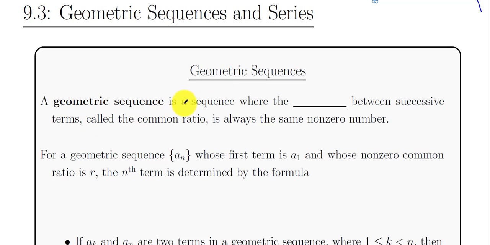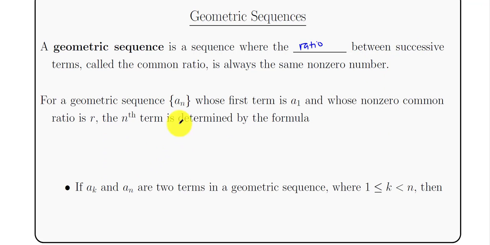A geometric sequence is a sequence where the ratio between the successive terms, called the common ratio, is always the same non-zero number. For a geometric sequence a_n, whose first term is a_1 and whose non-zero common ratio is r, the nth term is determined by the formula a_n = a_1 times r to the n minus 1 power.